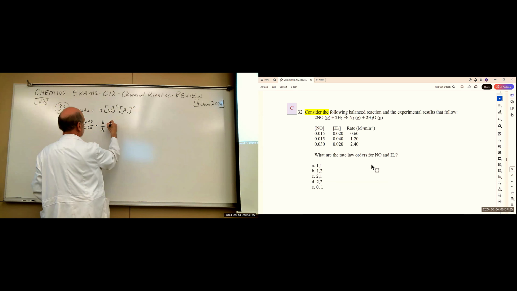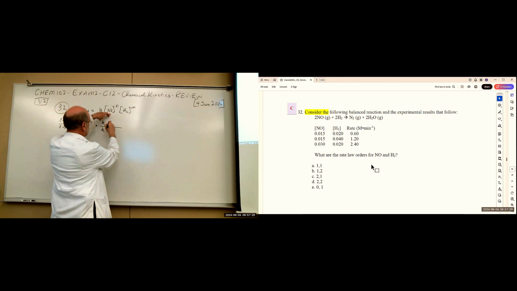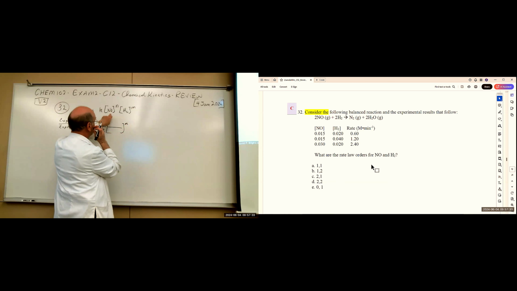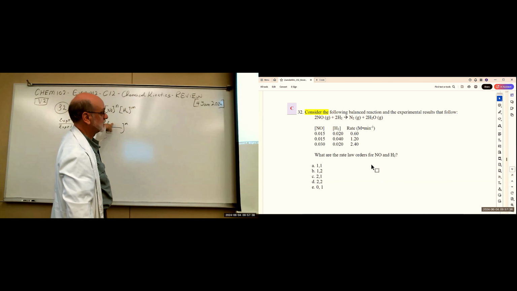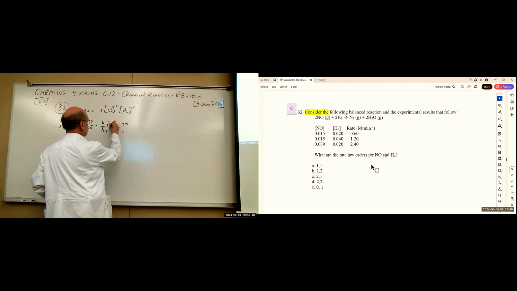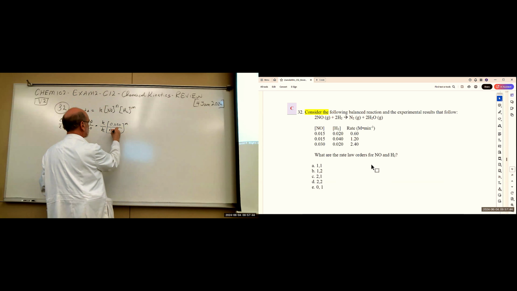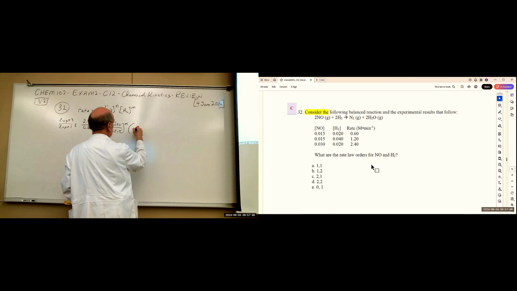And then we have this value to the N. For experiment 3 would be 0.30, right? And the first one will be 0.015. And then we know this one's going to be 1, right?